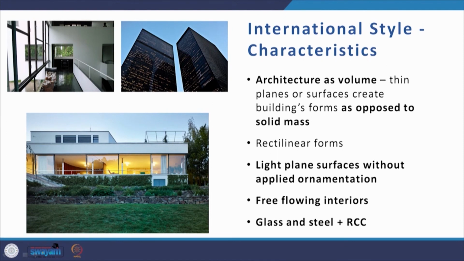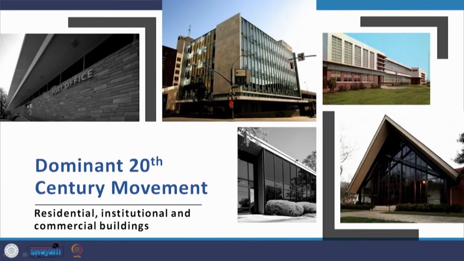So you see here in the Tugendhat house the free plan movement, in the Villa Jeanneret, I believe, by Corbusier, and the tall glass and steel buildings coming up in America. This was the dominant 20th century movement, with even simple buildings like residential, institutional and commercial buildings, and even religious buildings, all following this model.